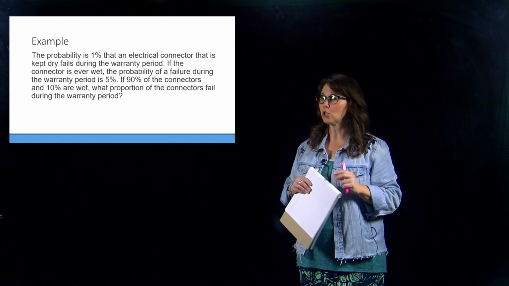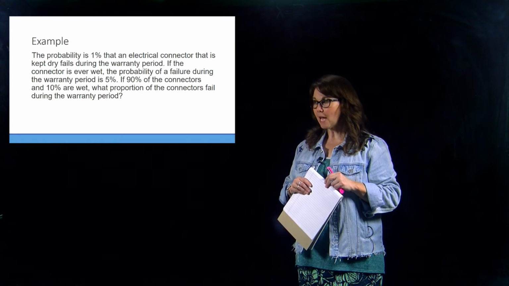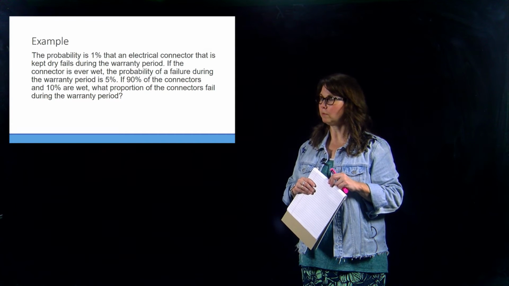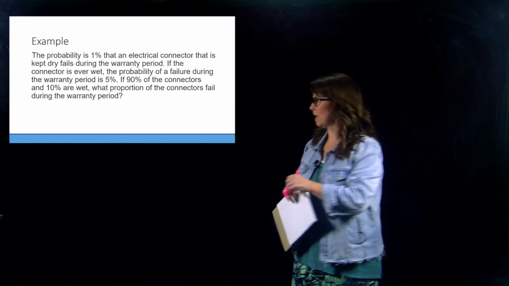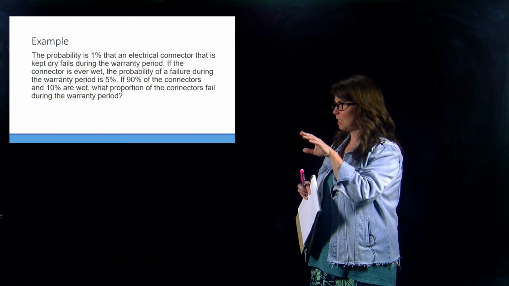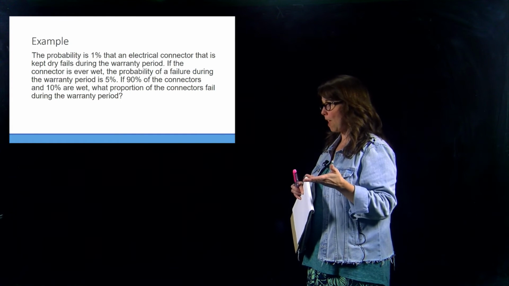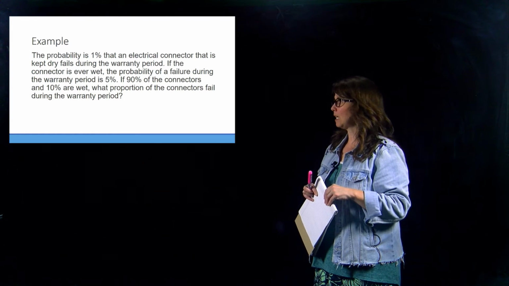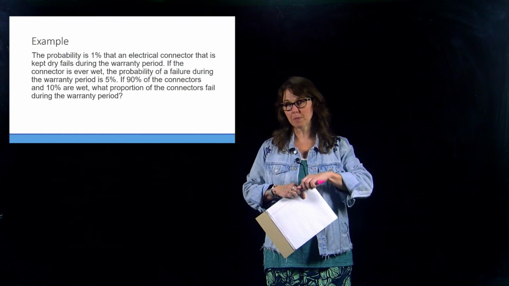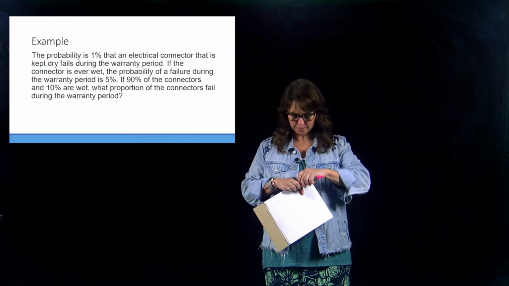So again, it's a conditional probability. If 90% of the connectors are dry, I think I left that out, so I'm going to just say if 90% of the connectors are dry and 10% are wet, what is the probability that the connectors fail? So we're looking at the overall total probability that the connectors are going to fail.